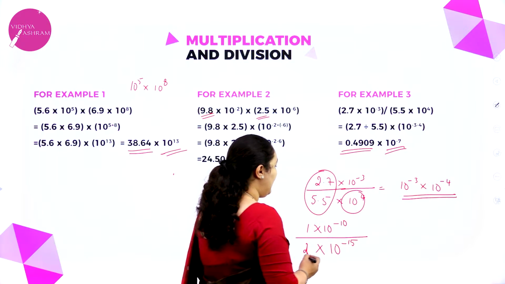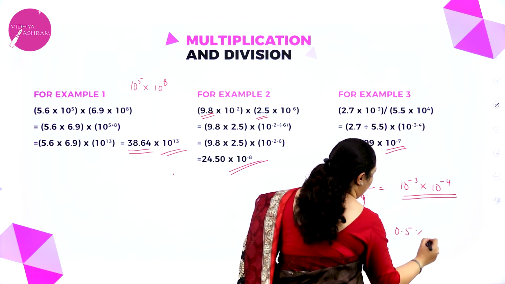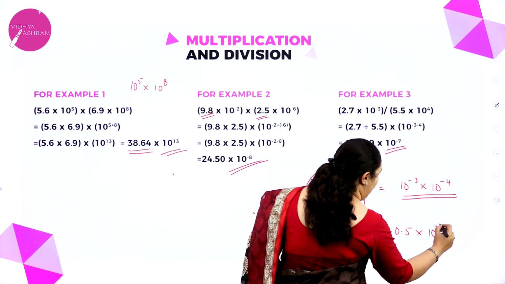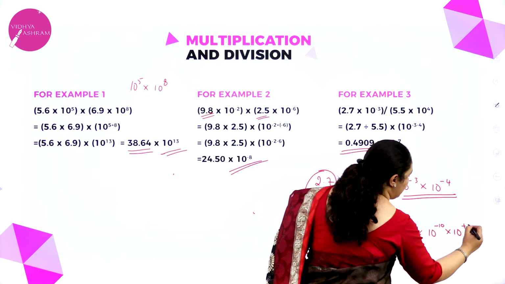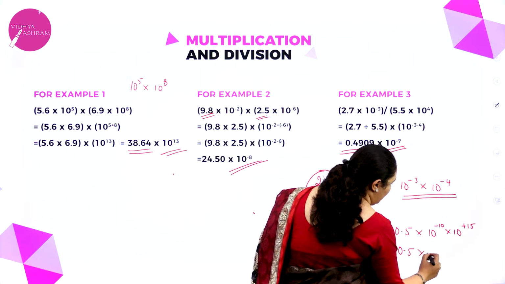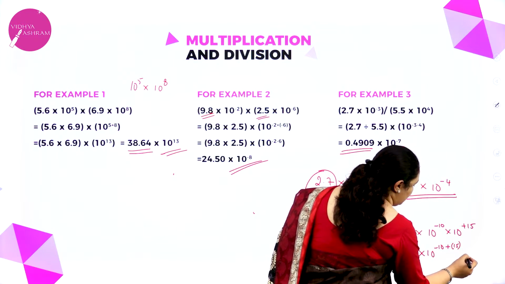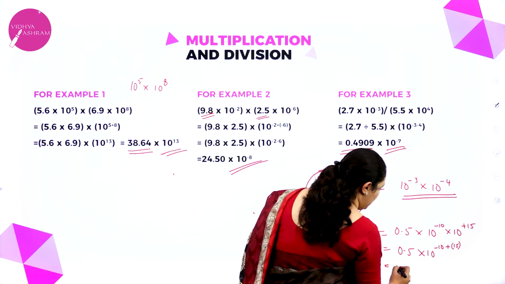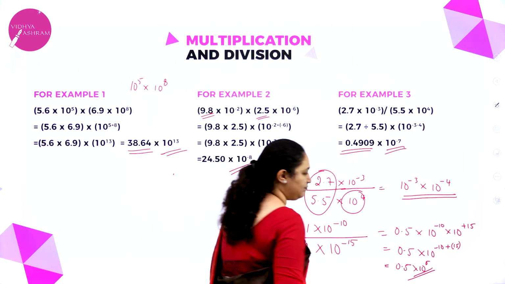Okay. So what will happen here? 1 by 2 is 0.5 times 10^-10 times 10^-15, and when it goes above it becomes plus 15. Okay. So it is 0.5 × 10^(-10+15). So it is plus 5. So it is 0.5 × 10^5.